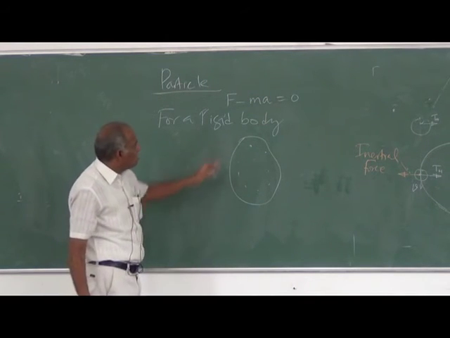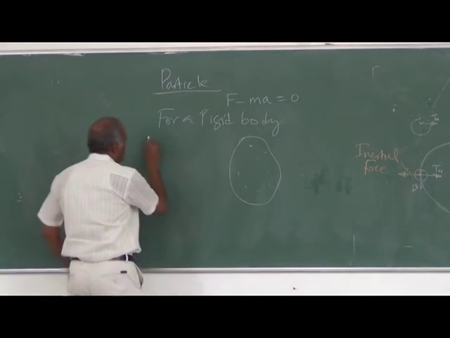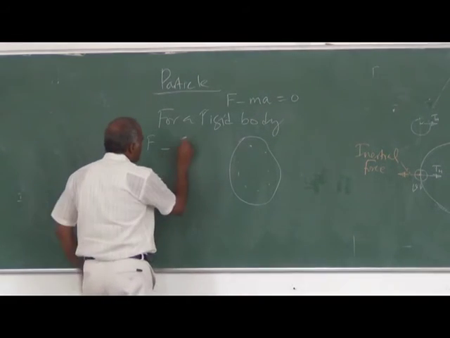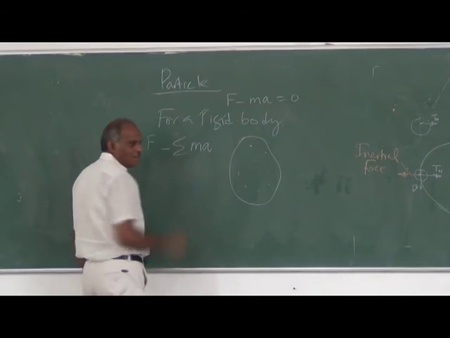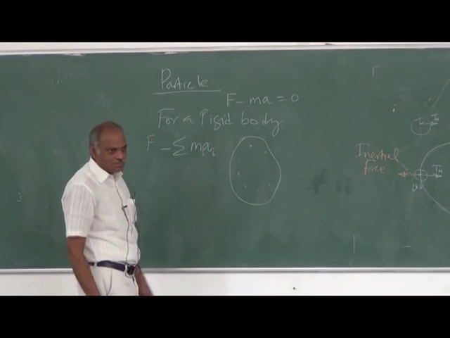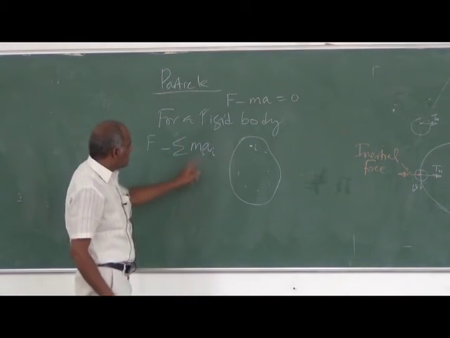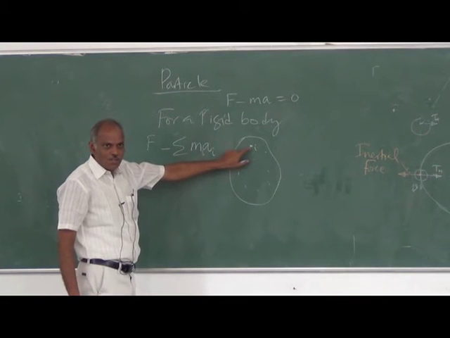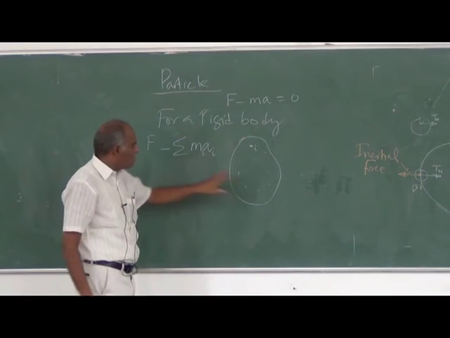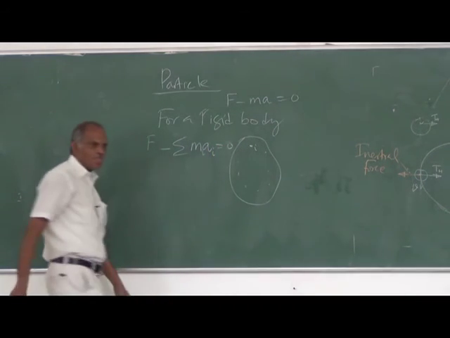Force F is externally applied, that is not going to change. But the next one will be the summation of m_i into a_i. If you take a particle here, you have to take the inertial force of that particle. So you have to sum the inertial forces of all the particles together to find the net inertial force. So this must be equal to 0.